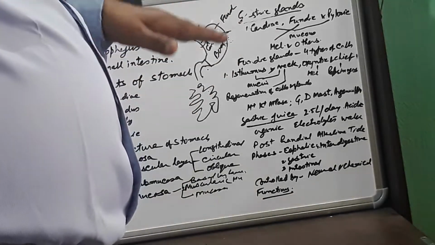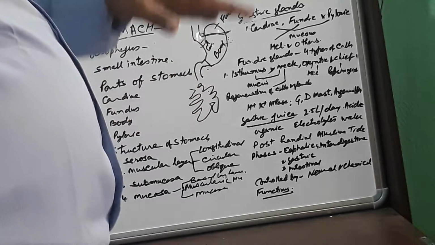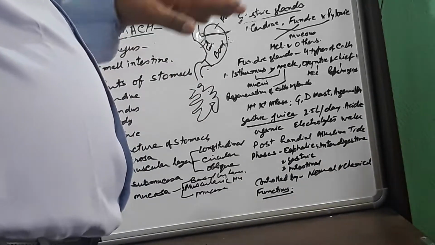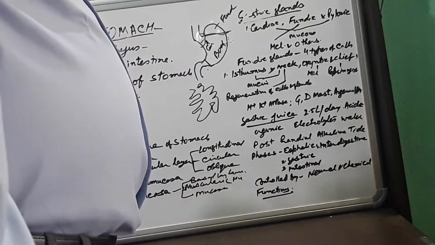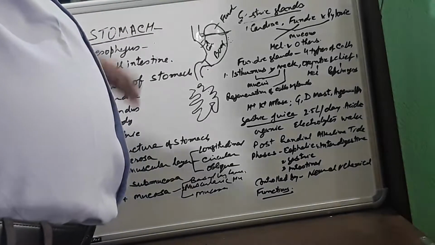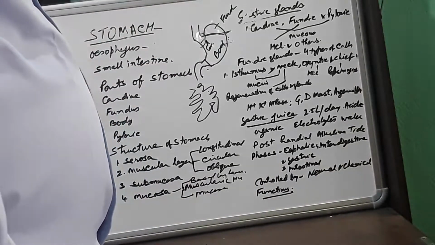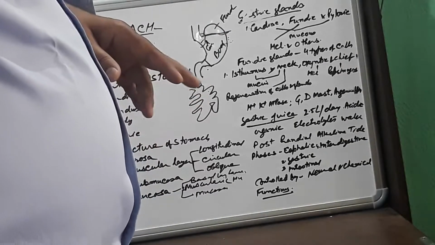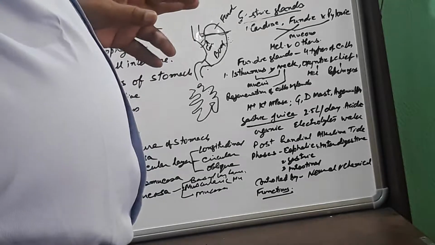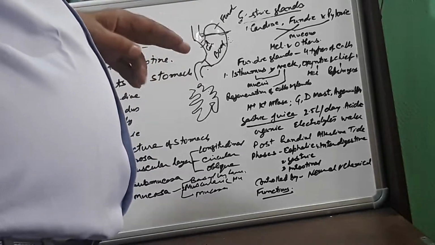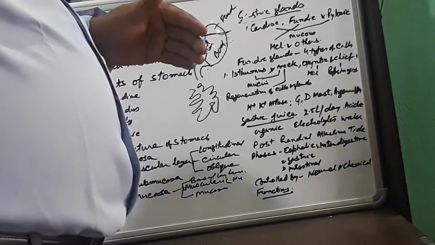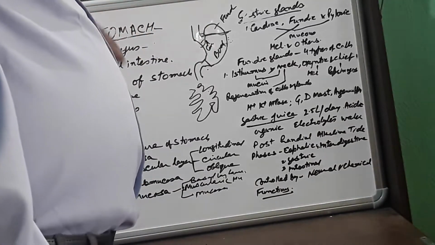The fundus is above the cardiac orifice, and the body is from the fundus to the pyloric end. The pyloric part starts from the incisura angularis to the end of the stomach.